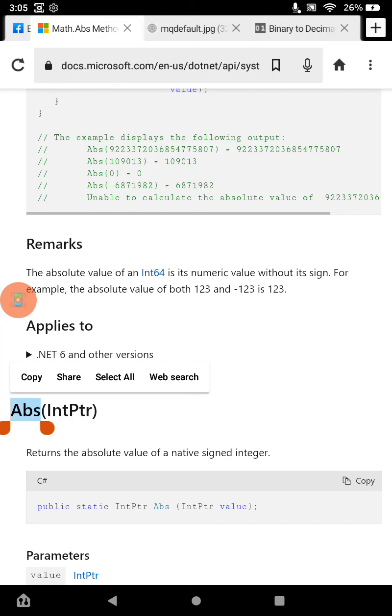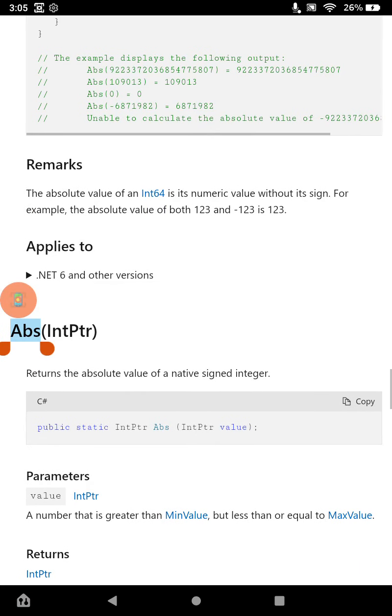JavaScript may have it, I believe, I forget. jQuery may have something like that too. It's been a while. I know that ActionScript has a math.abs method and function like this.